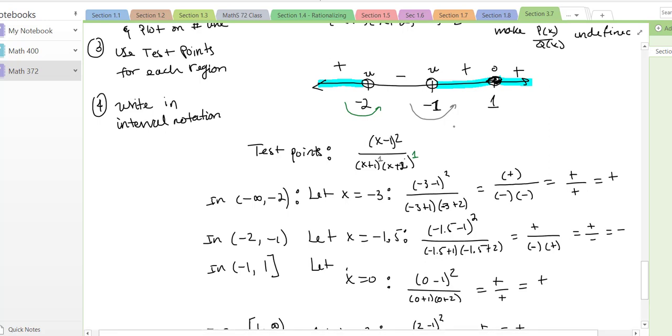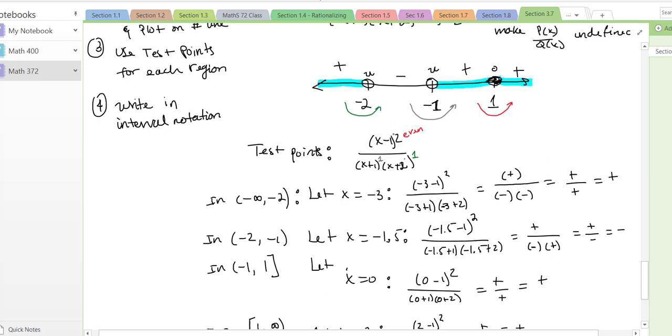And now as I go across 1, where did positive 1 come from? This 0, positive 1, came from x minus 1 to the second power. Since this is even, my sign is going to stay the same. So I had a positive, it stays positive. So that's a bit of a shortcut: you still have to do a test point in a region, but then just go by the factors.